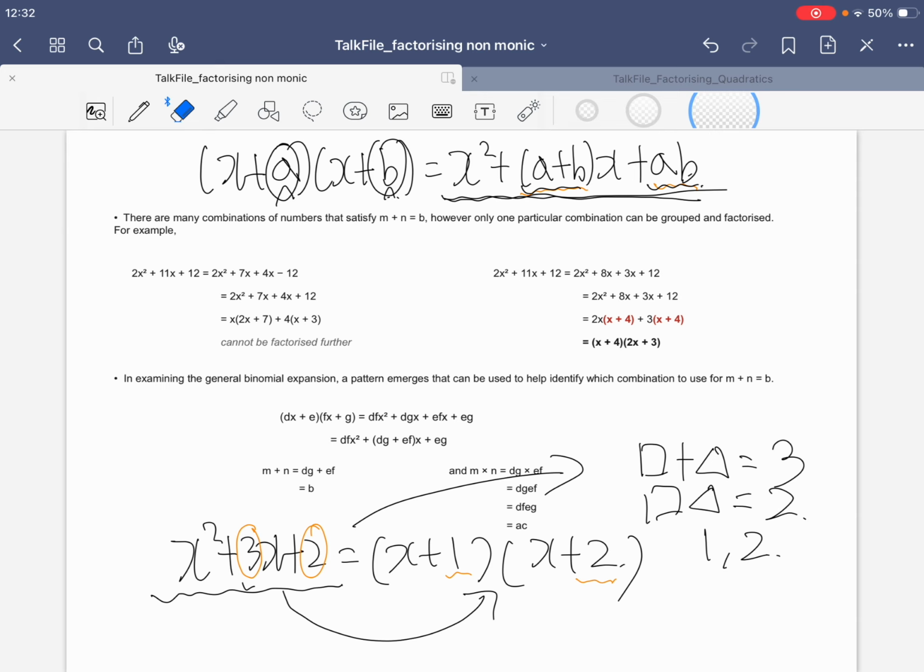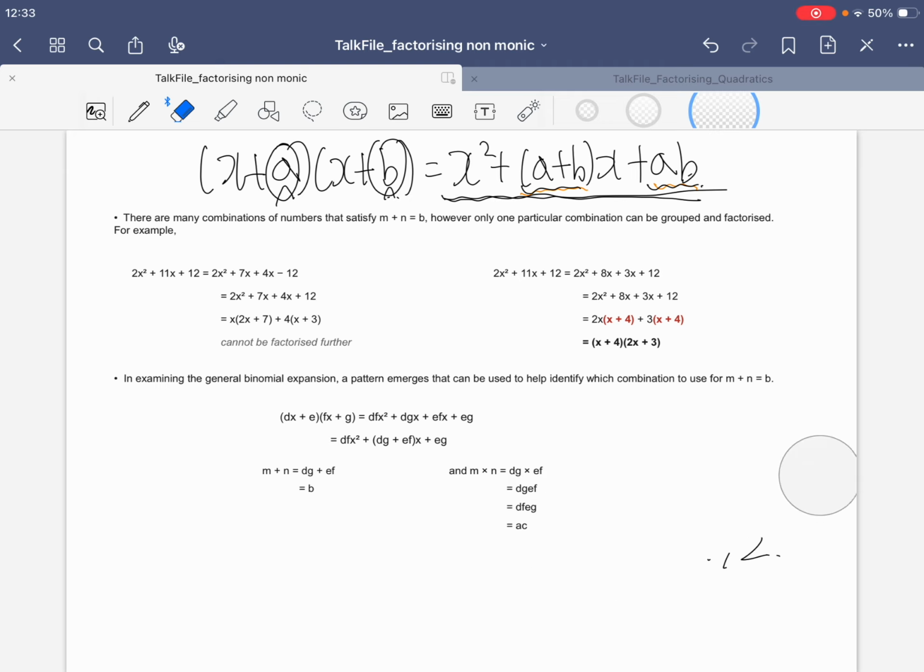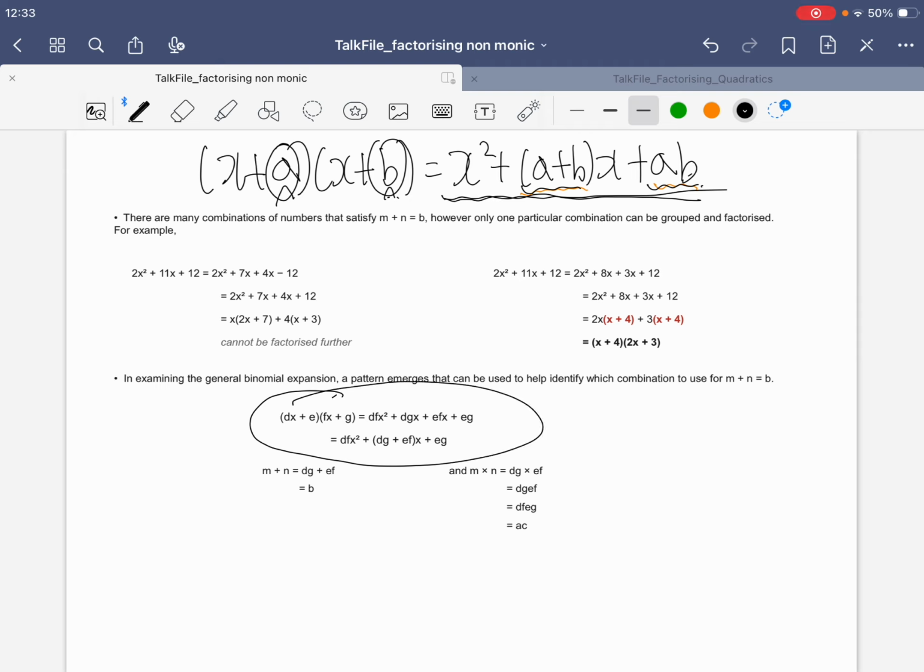Yeah, so that's the basic fundamental of this factorization. It's pretty much the same in non-monic quadratics. So I'm not gonna go over this one right now, but if you wanna really know about the root of factorization, I recommend you just try this one.